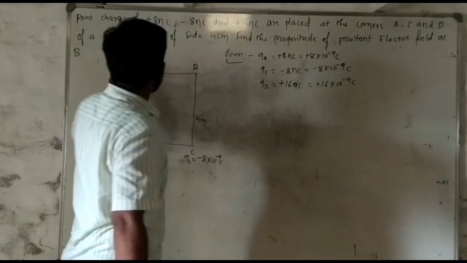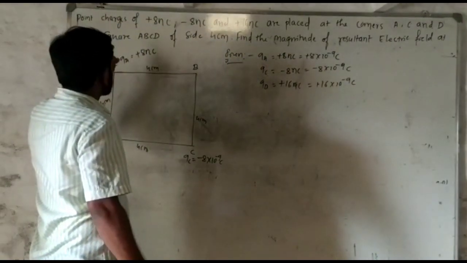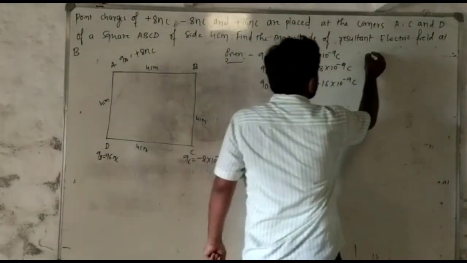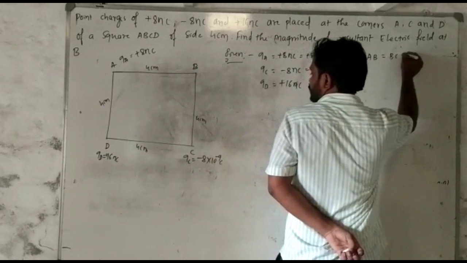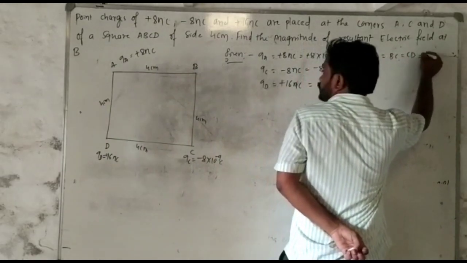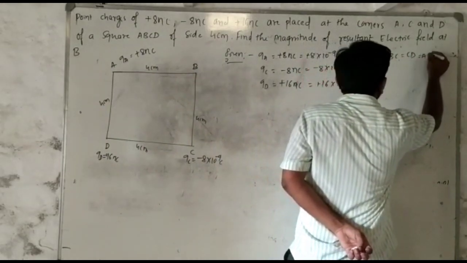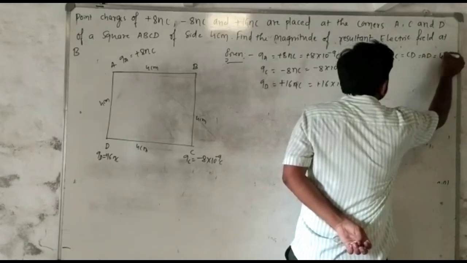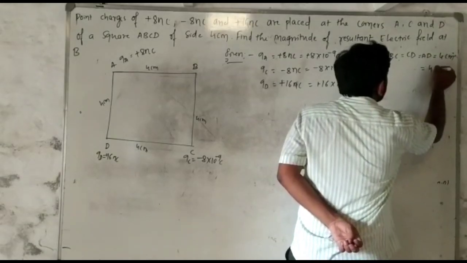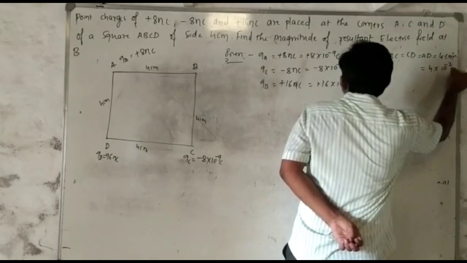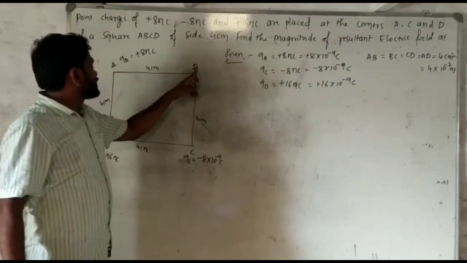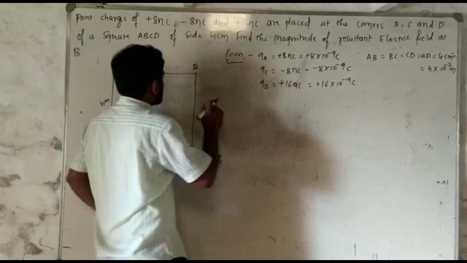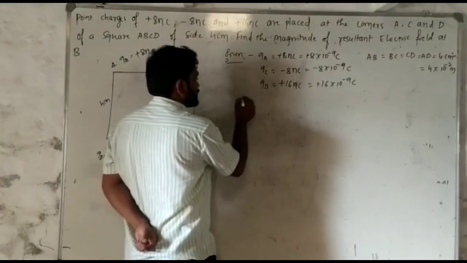They are on the corners of a square, so AB is equal to BC is equal to CD is equal to AD is equal to 4 centimeter, or 4 into 10 raised to minus 2 meter. Now first find the electric field at B due to QA.